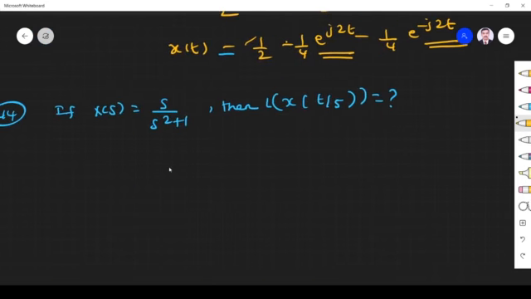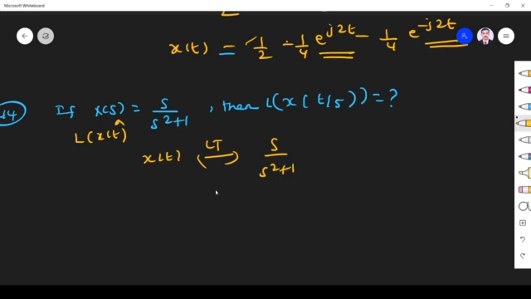Okay, next one. If x of s is equal to s squared plus s by s squared plus 1, what is x of t by 5? So this is the Laplace transform of x of t, that is x of s.